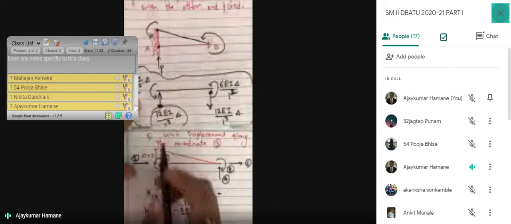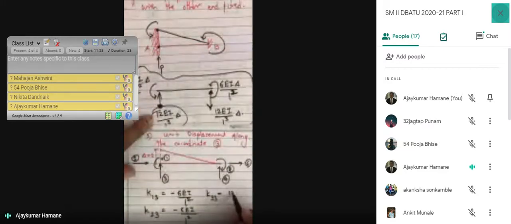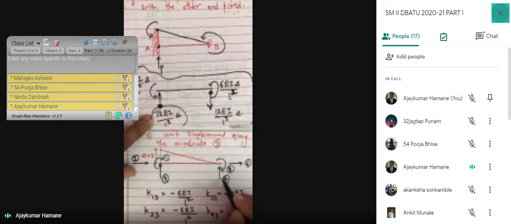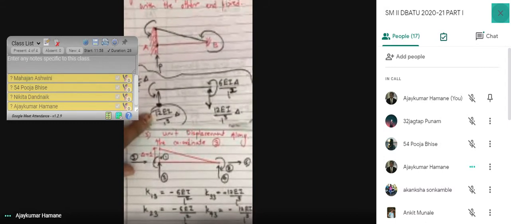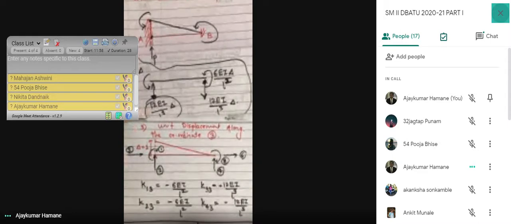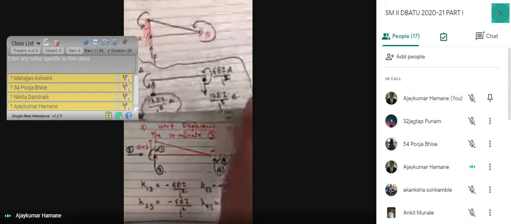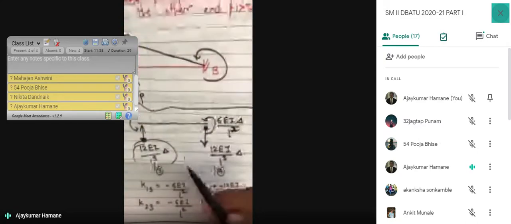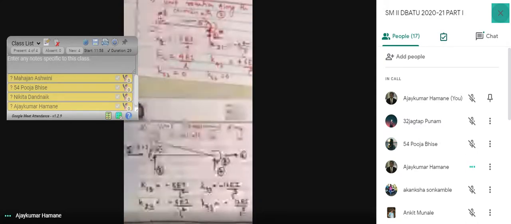Along the coordinate 3, what is the force developed? 12EI by L cube, upward direction. So plus. And what is K43? The force is in the downward direction, but we apply upward, coordinate 4 is upward, so minus 12EI by L cube. Correct? That's why I told you in the last class you should know these diagrams.